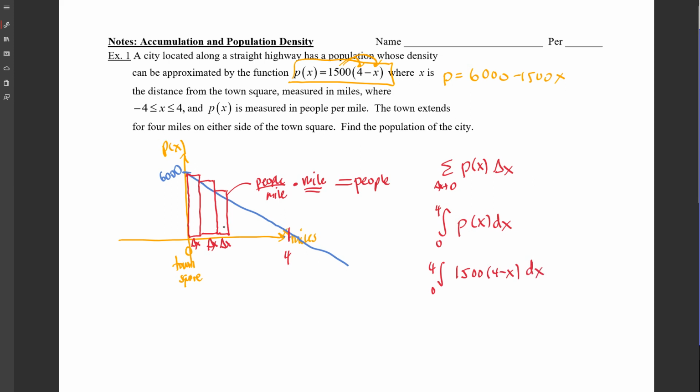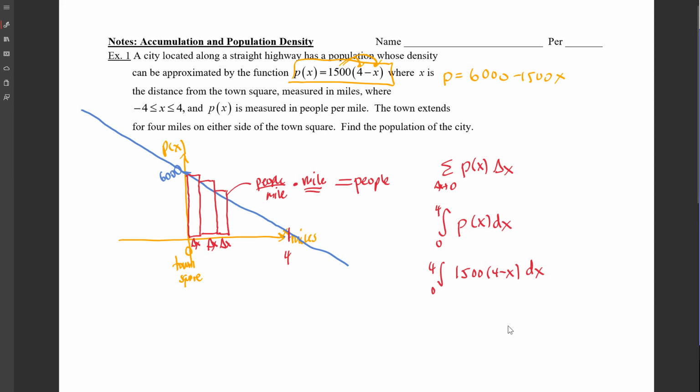Now you might be asking, why didn't I put negative 4 here? Because it says we want the total population from negative 4 to 4. Let's think about this. If I put negative 4 here, this graph goes like this. But what is the population density looking like over here? It actually is going to move down.